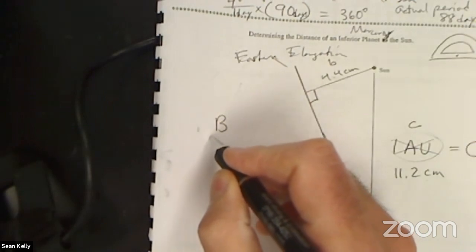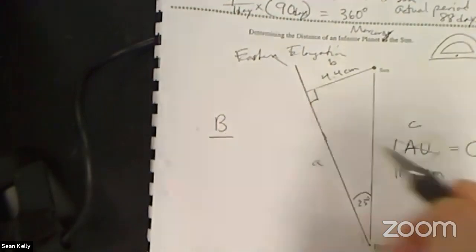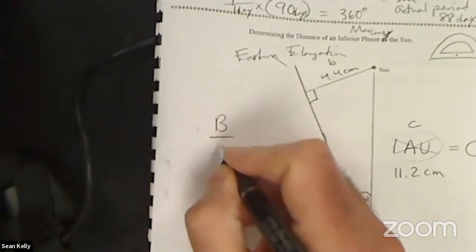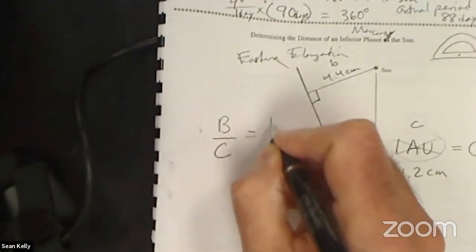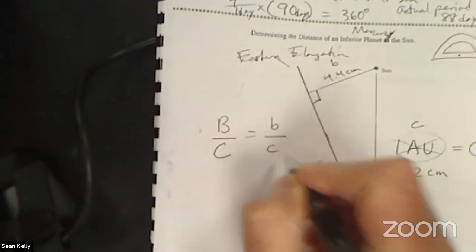The big version of B, not the 1 AU. I want this distance. So big B divided by big C equals little b over little c, like this.